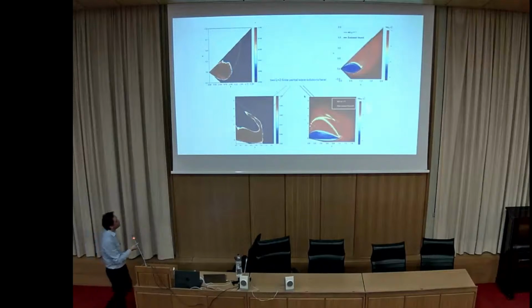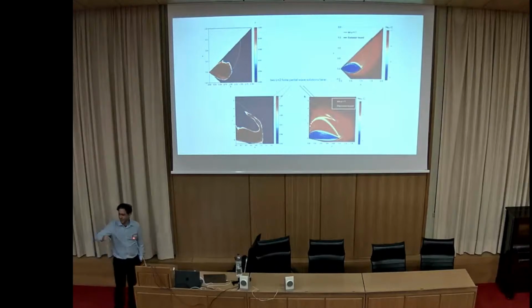Here I'm plotting again on the right-hand side what I had before from the more accurate Dersey et al. plots. On the left, I'm plotting this F. Now the colors are inverted: red means it's allowed, blue is disallowed.